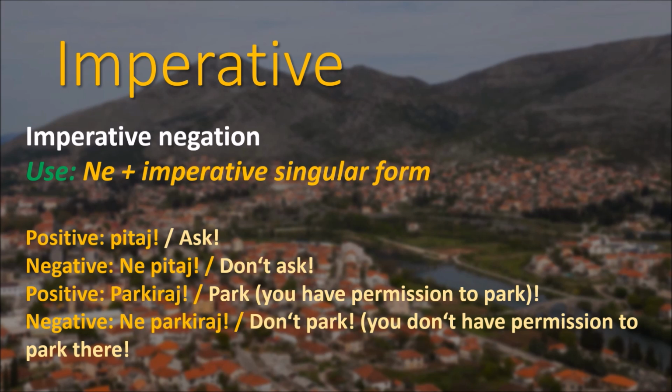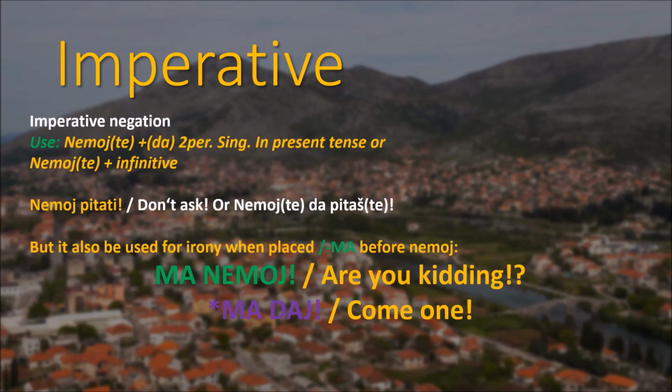So if your positive form is "pitaj", ask, for the negative you just add "ne" in front of it. So "ne pitaj", it's like don't even ask, don't ask. Positive for "parkirati" is "parkiraj", park. You have permission to park. Negative, "ne parkiraj": don't park, or you don't have permission to park here.